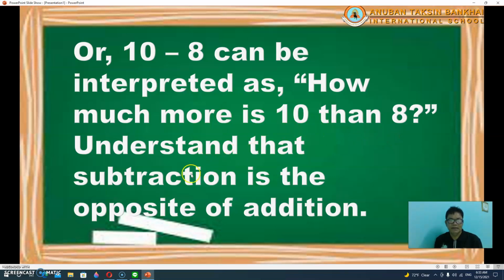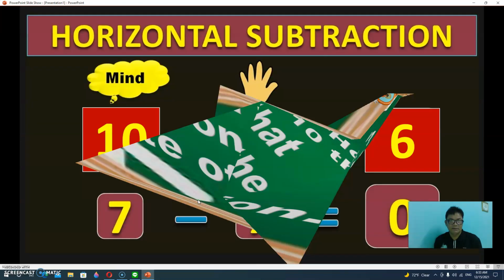Understand that subtraction is the opposite of addition.